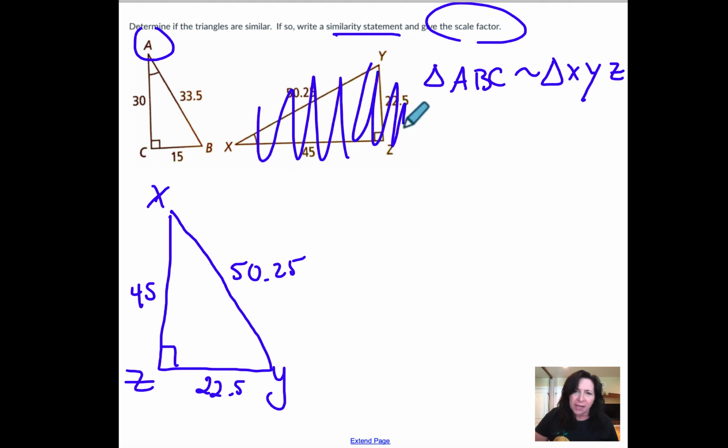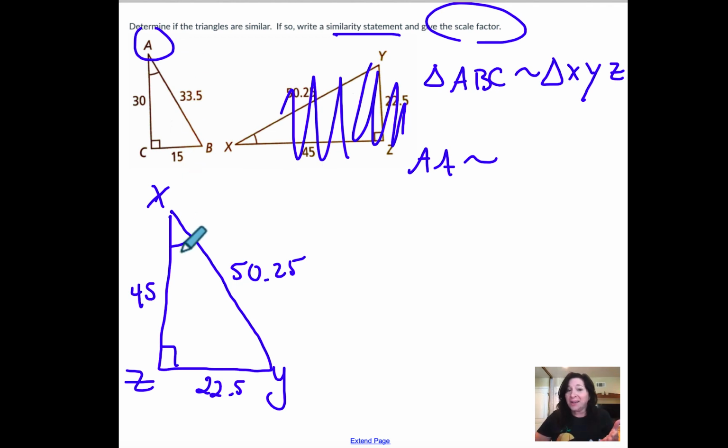Because I redrew this, I want to make sure everything lines up. If I have similar triangles, not only are the angles congruent, which they are, see the X here, and remember, this is angle similarity if they are similar, right?